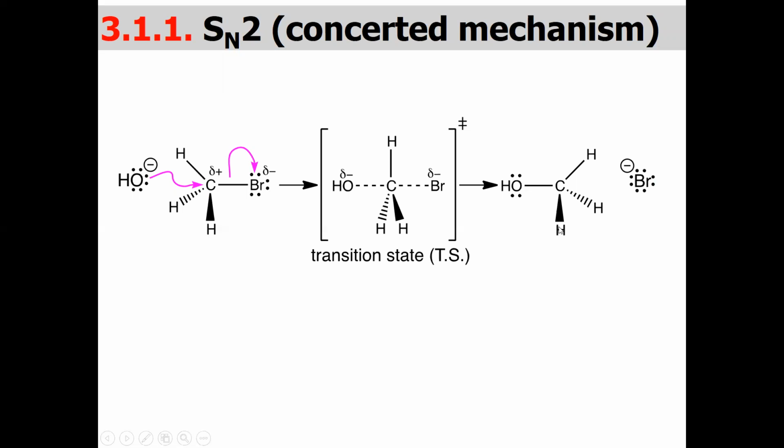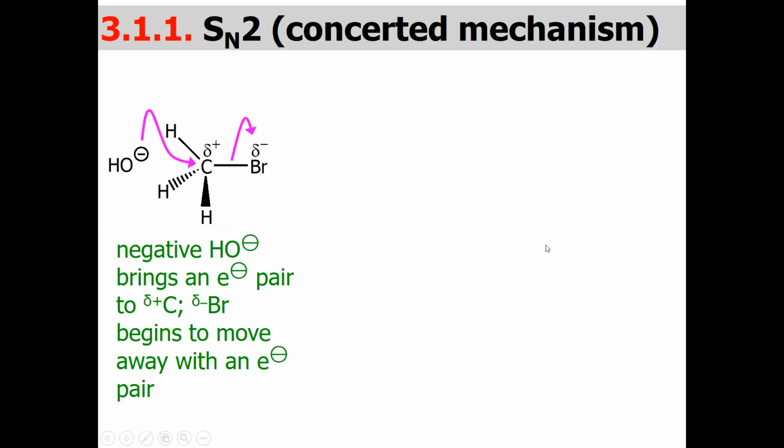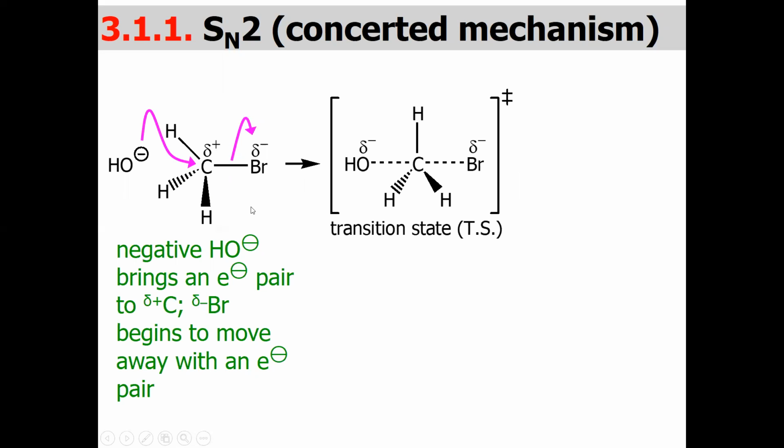This compound has a different stereochemistry. We will discuss in detail how it happens when a negatively charged nucleophile brings an electron pair to the carbon, which basically has a positive charge.